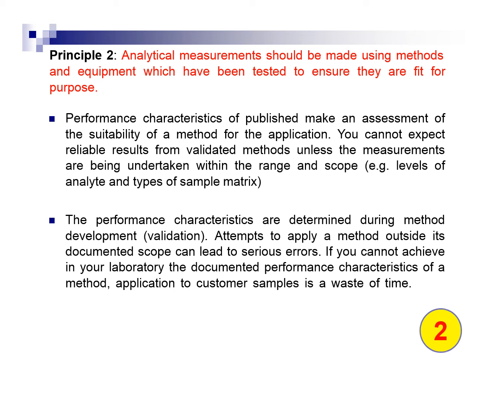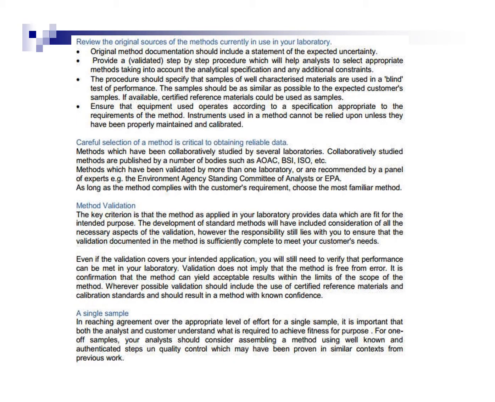Apart from that, the performance characteristics are determined during the method development, which is validation, and that is very important. Method validation is basically a verification of the method that we are using. When we talk about the method, we have to review the original source of the method currently in use in your laboratories.